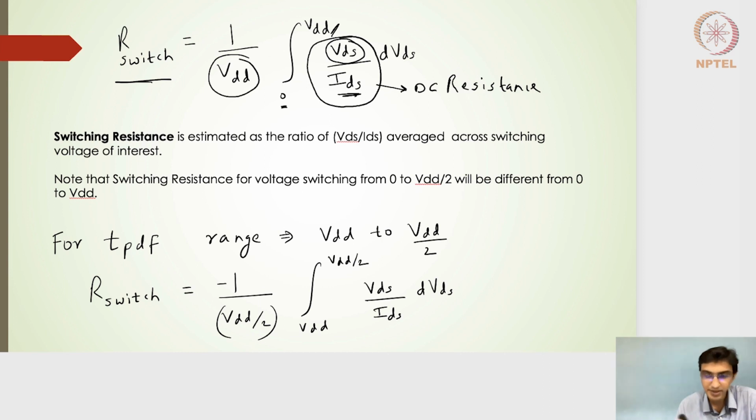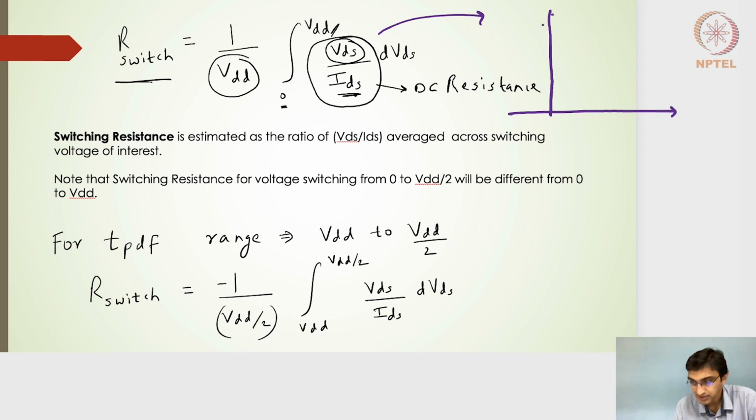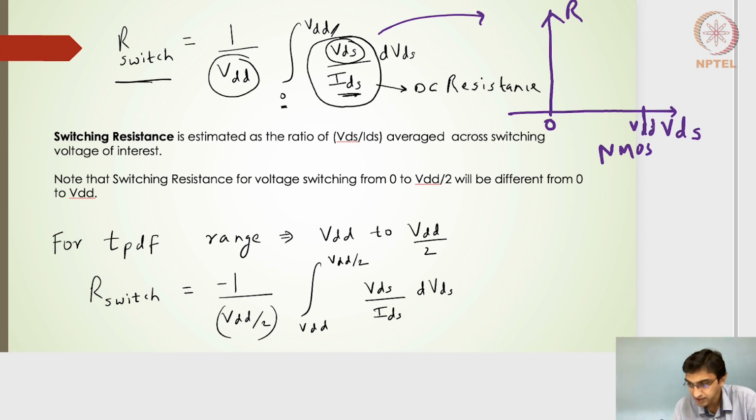All right, let me use one more example. If I have a resistance profile with respect to the VDS value of the transistor, I'm going to use the NMOS transistor. From 0 to VDD, when the voltage is VDD, the NMOS transistor is in saturation.